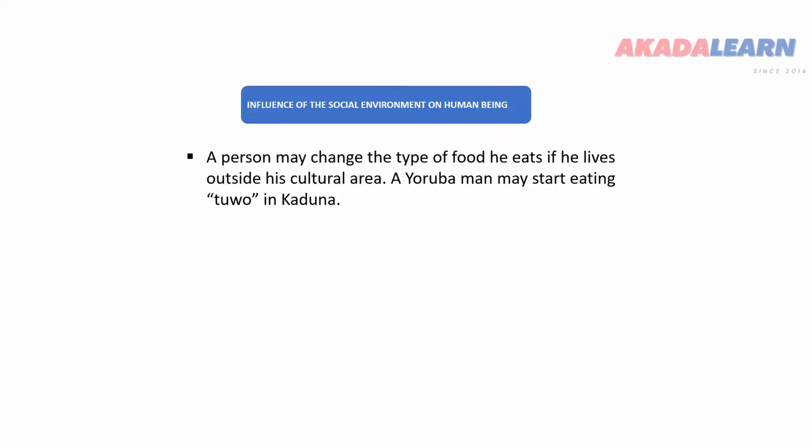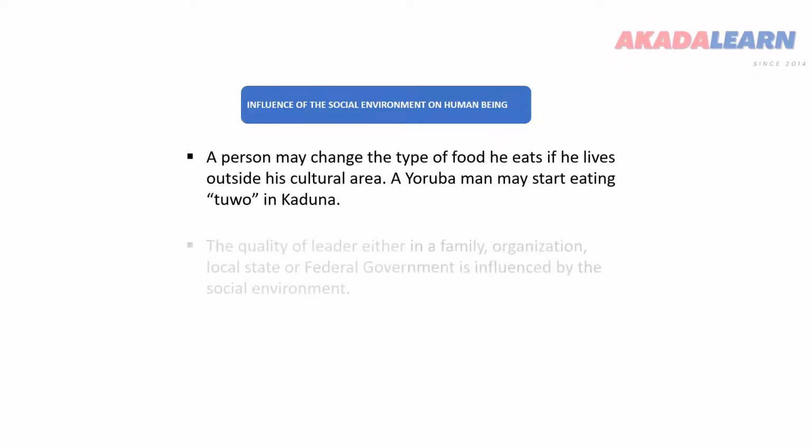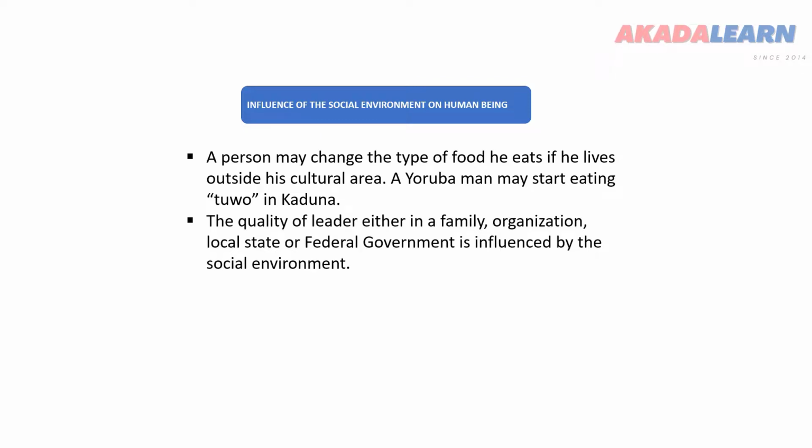The quality of leader, either in a family, organization, local state, or federal government, is influenced by the social environment. A person in bad company may also be influenced by the practice of such company, such as stealing, drug abuse, prostitution.